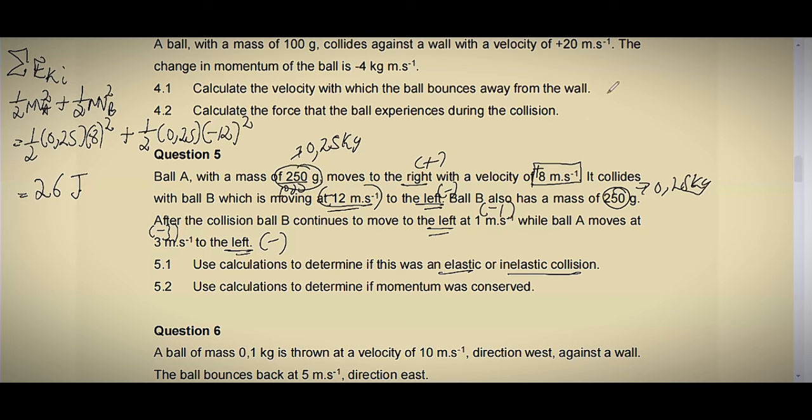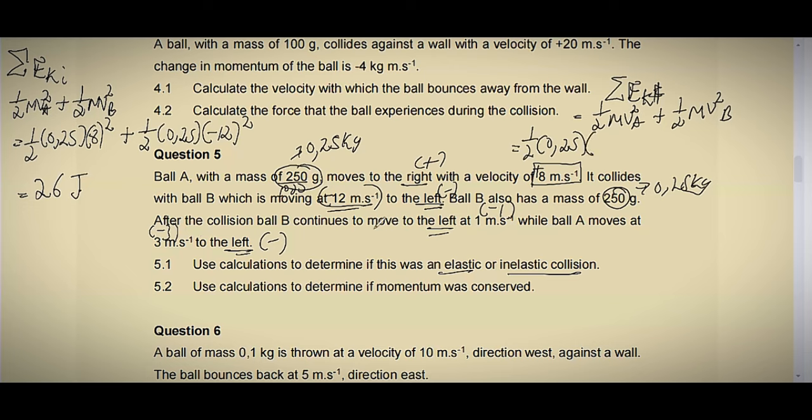Now, after we have that, let's calculate the sum of EK finally. So we have half mv squared of A plus half mv squared of B, right? Then let's go ahead substituting the final velocities. So this is half our mass. Remember, during the impact, there is no loss in mass or no change in mass.